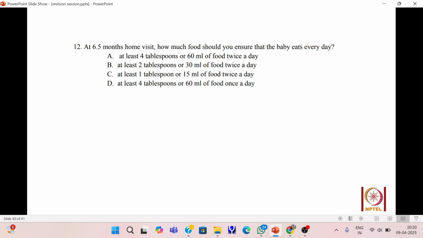At least 4 tablespoons or 60 ml of food twice a day, at least 2 tablespoons or 30 ml of food twice a day, at least 1 tablespoon or 50 ml of food twice a day, at least 4 tablespoons or 60 ml of food once a day. The correct answer is A.